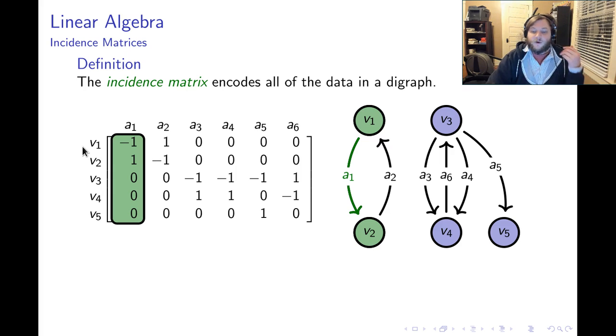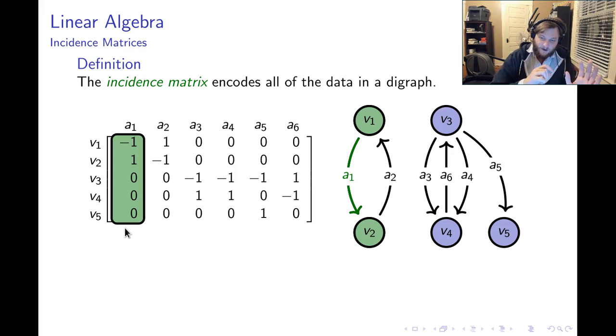So the way we numerically encode this in the incidence matrix is we put a -1 in the first row because that corresponds to the first node, and that's where the arrow starts. Then we put a 1 in the second position because that second position corresponds to the second node, and that's where the arrow points to. Since every other node is ignored by A1, we put zeros in those positions.